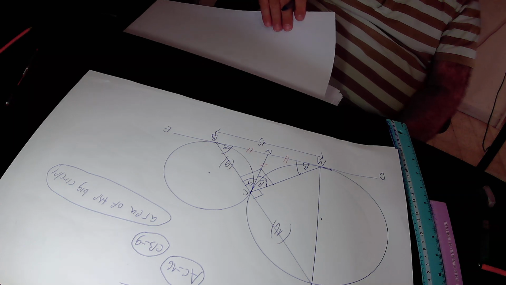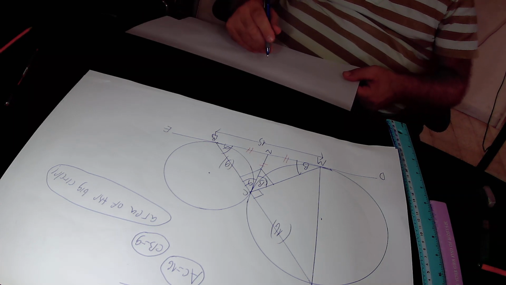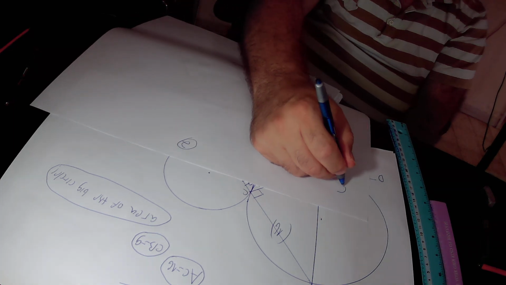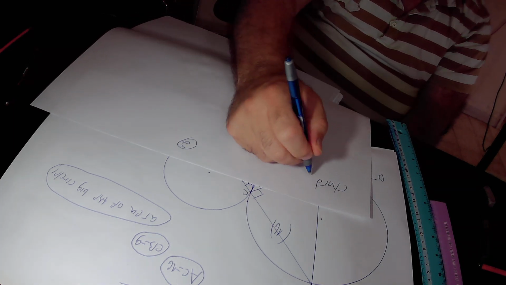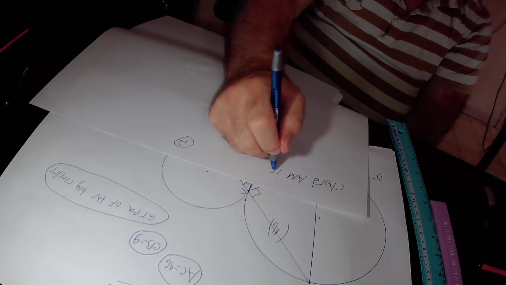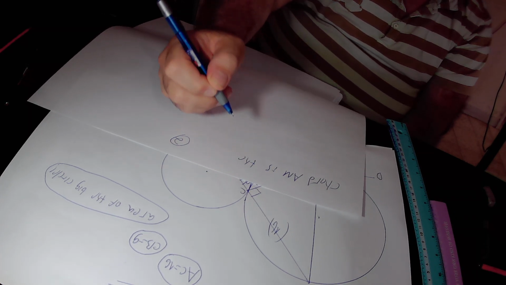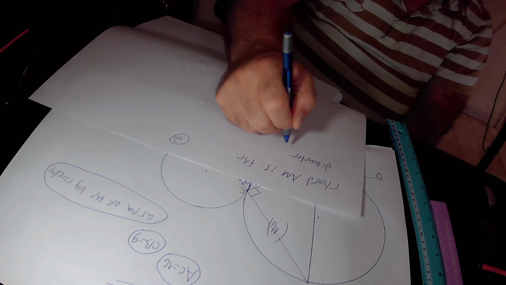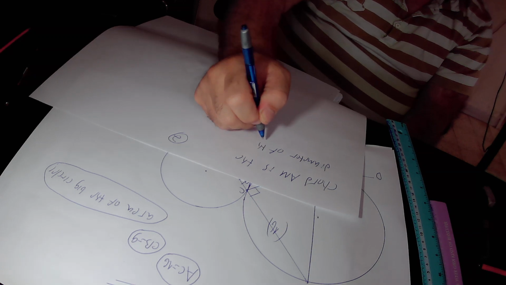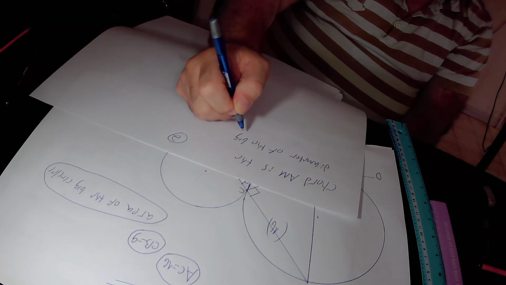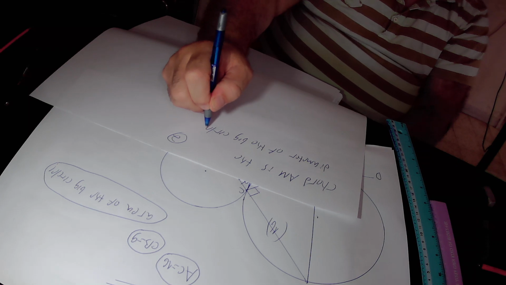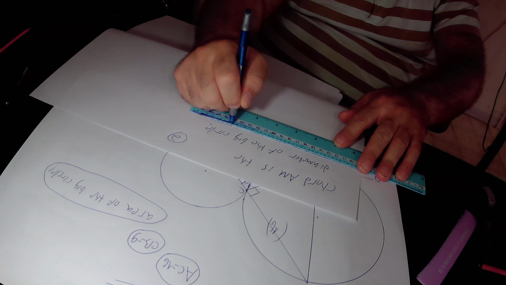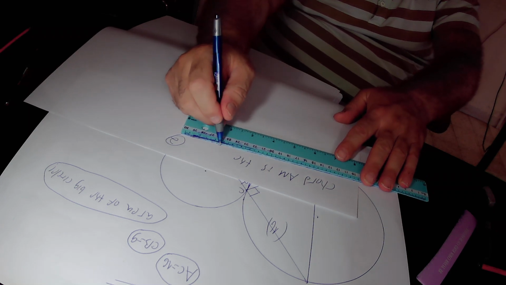According to rule 5, chord AM is the diameter of the big circle.